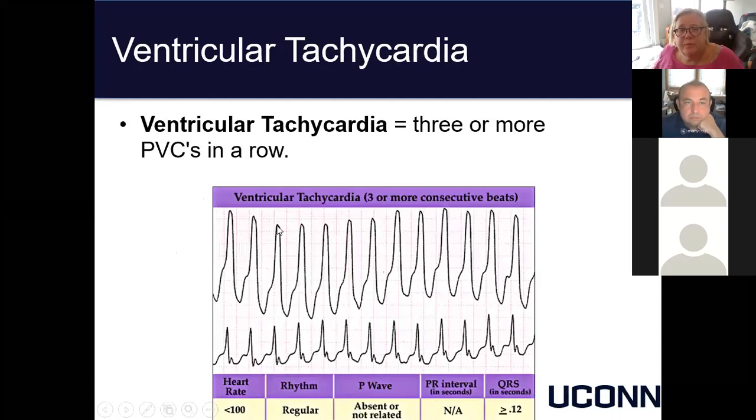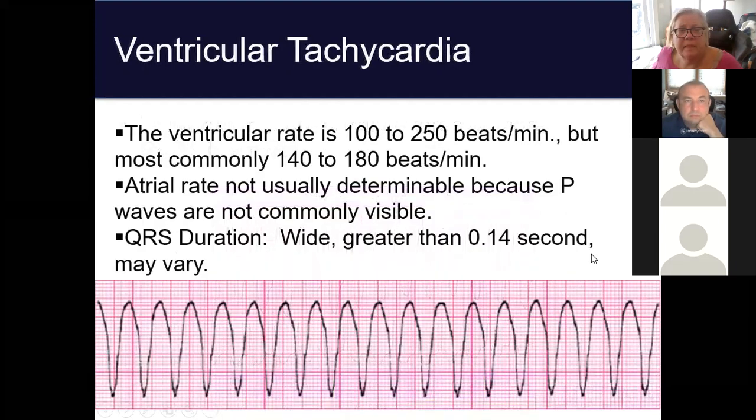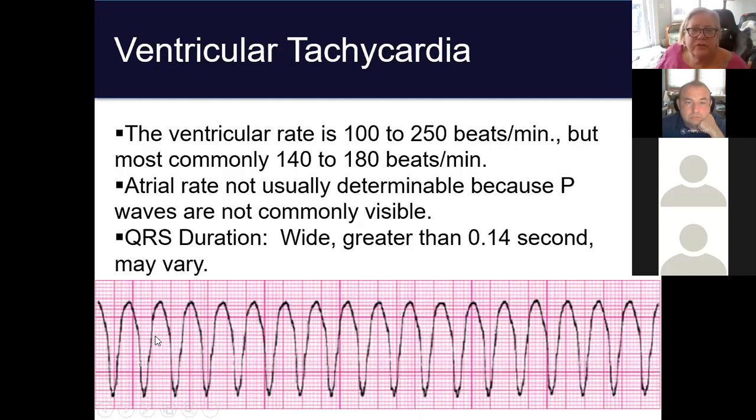Again, VTach is 3 PVCs in a row. And here you have a lovely run of VTach on 2 different leads. Again, ventricular rate in VTach is usually considered anywhere from 100 to 250 beats per minute.